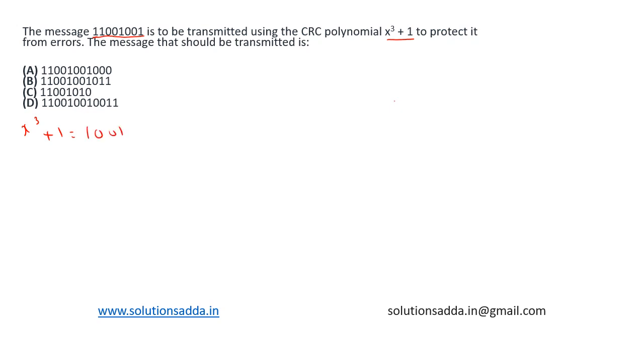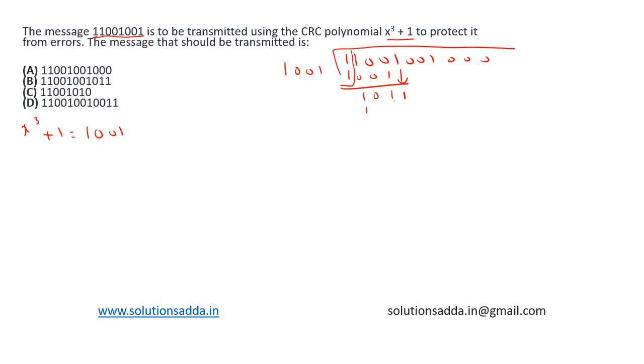Let's try to solve it. 1 1 0 0 1 0 0 1 0 0 0 would be the message, which is the dividend, and the divisor would be 1 0 0 1. Let's solve. Ignoring the leading bit, we'll get 1 0 1 1.